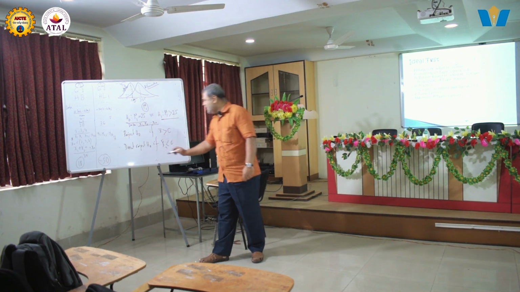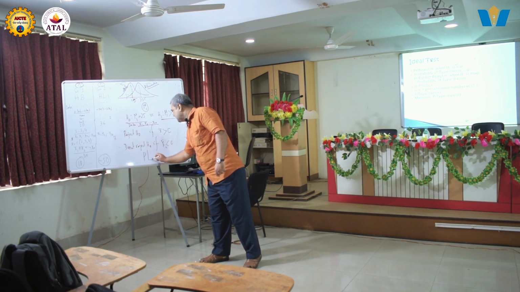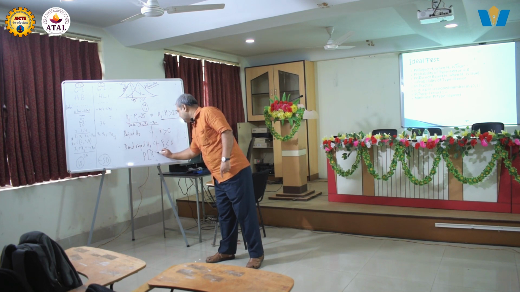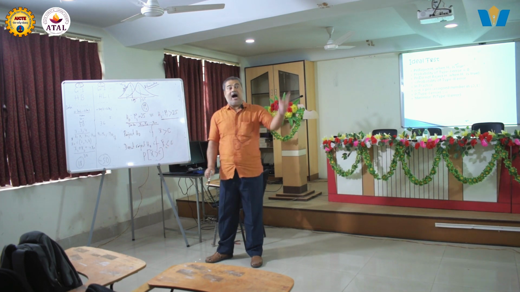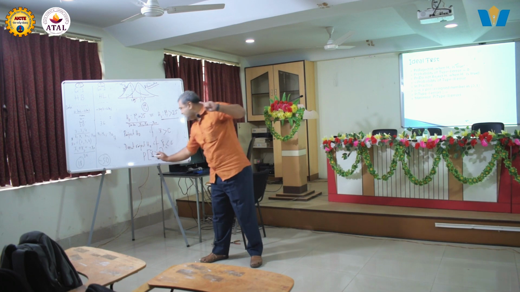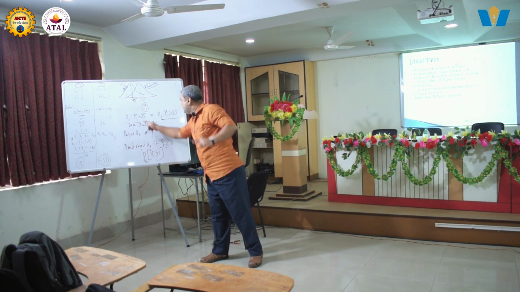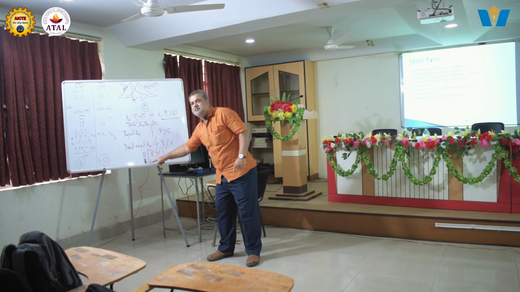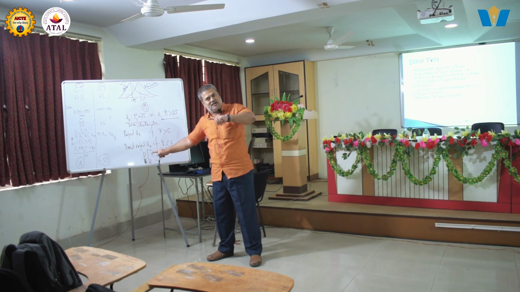What is type 1 error? Reject H naught, so this x bar greater than c, under H naught. Under H naught, what is the value of theta, the value of mu 1? 25. So under 25, x bar has a distribution.